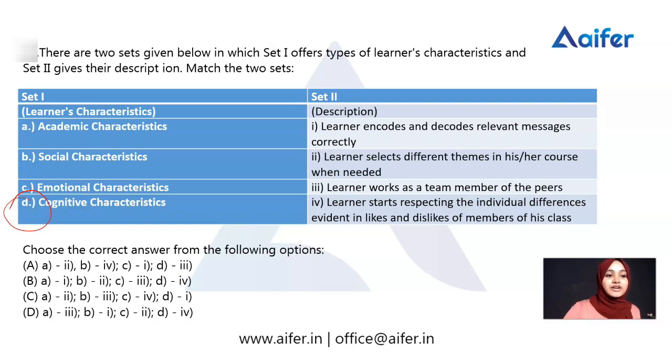So cognitive characteristics, option D in set 1, matches with option 1 of set 2.